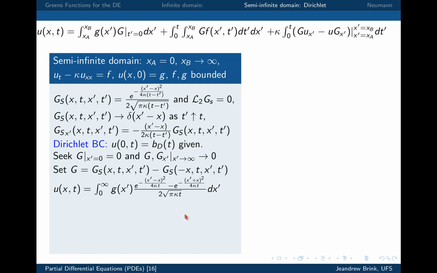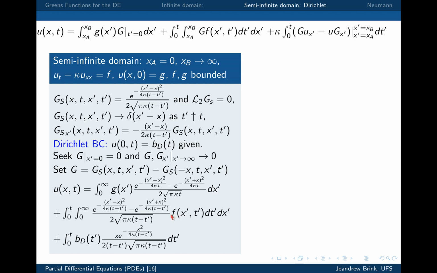And what we further have is our boundary condition here at x equals 0, which is the integral from 0 to t of the derivative of g, multiplied by u. So this is just minus the derivative of g evaluated at x prime equals 0. Okay, so there we have it.